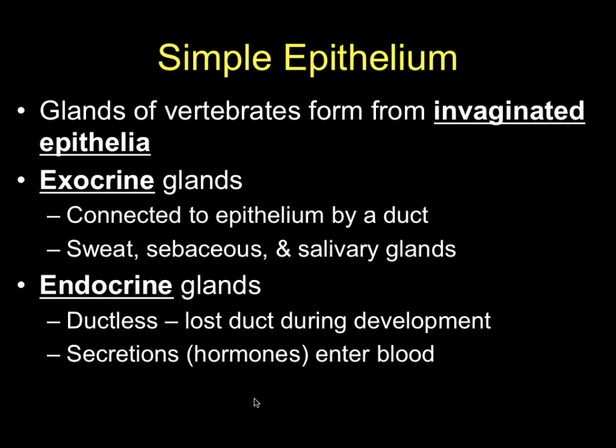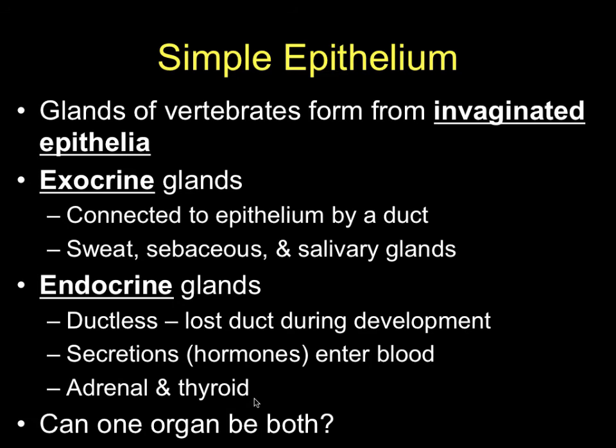When the pancreas is producing insulin after a carbohydrate-rich meal, if things are working properly, that insulin goes into your blood. So in that context, the pancreas is considered an endocrine gland. The pancreas is a really good example of an organ or gland that can be both exocrine and endocrine depending on what it's doing at any given moment in time. It can do both.